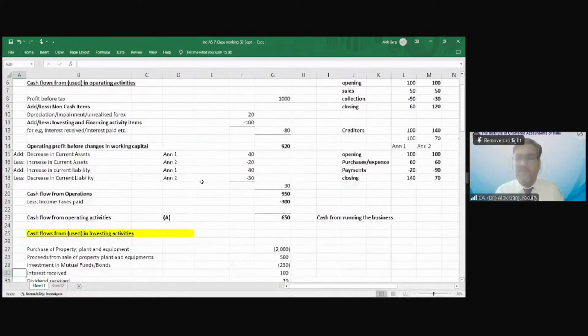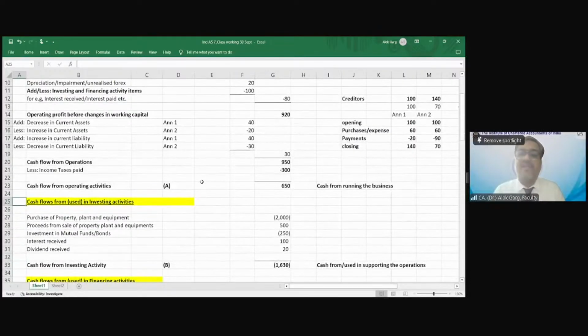Okay. Then there is a cash flow from investing activity. It is pretty simple. Then it is not coming through profit or something else. This is hardcore cash. What is my purchases of PPE, property, plant and equipment? What is my proceeds from sale of property, plant and equipment?